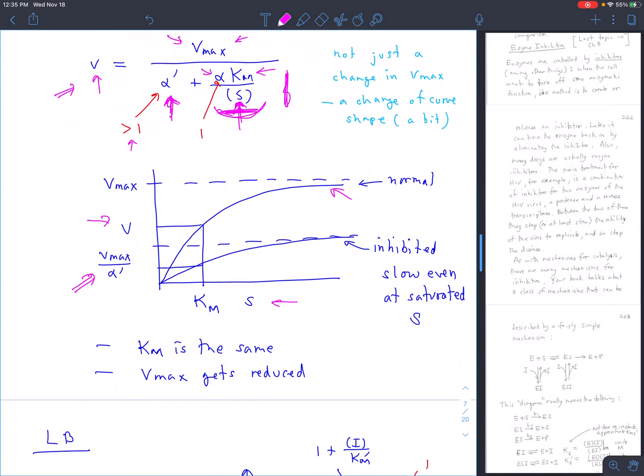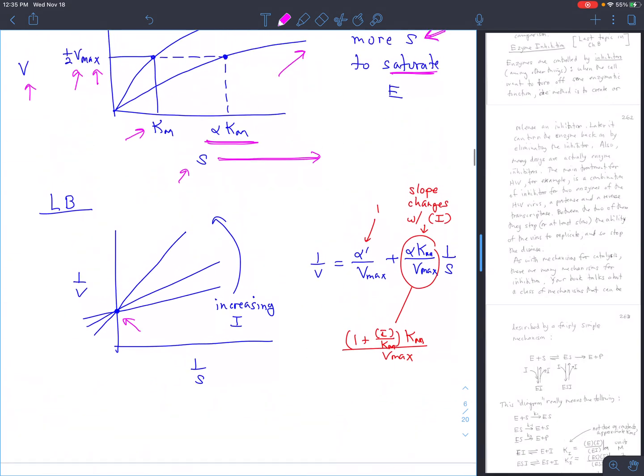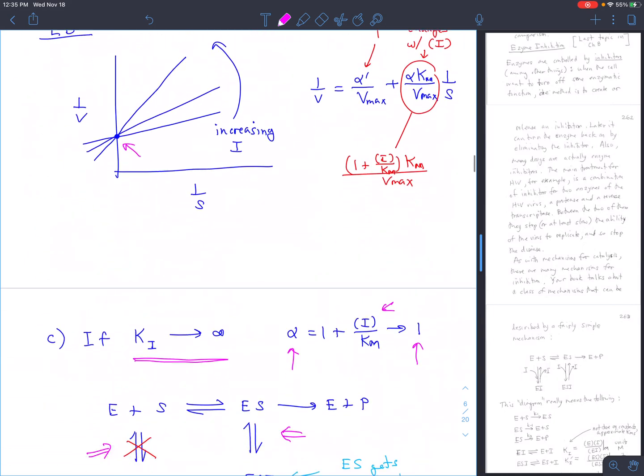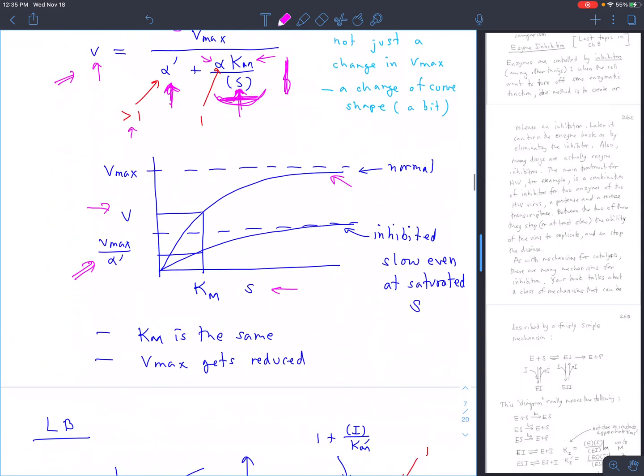So it's qualitatively different behavior than what happened up here, right? Here, if we added enough substrate, we eventually get back to Vmax. It just takes more substrate than it did before. Now, it doesn't take any more substrate. We quote-unquote saturate out just as fast as we did before, but we saturate out at a lower value.